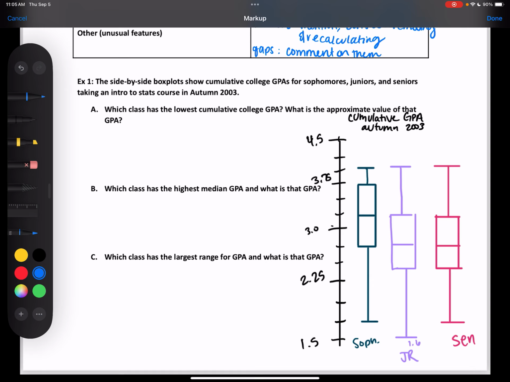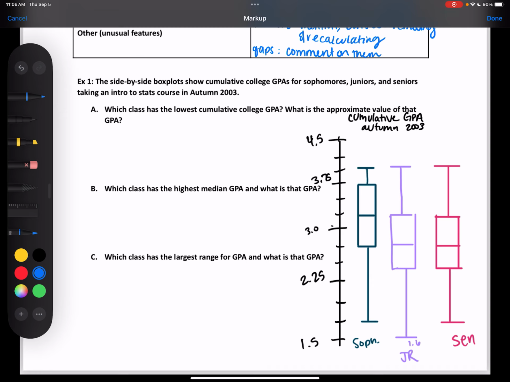Is it the seniors? Or is it sophomores? Notice down here the GPA goes from 1.5 all the way up to 4.5, so pay attention to that. If you need to, you can turn it sideways so it's going left to right and look at it like that.